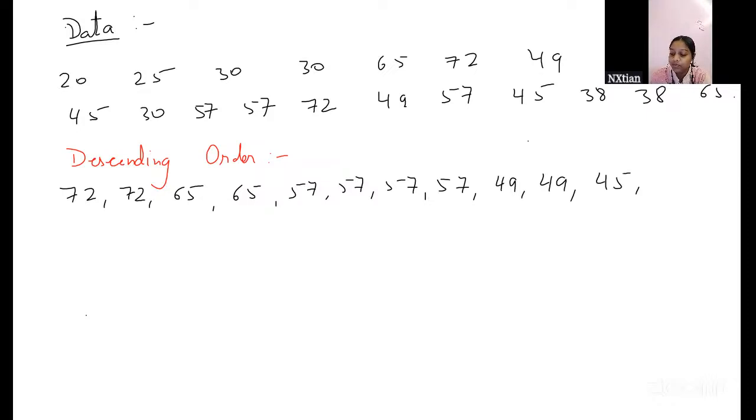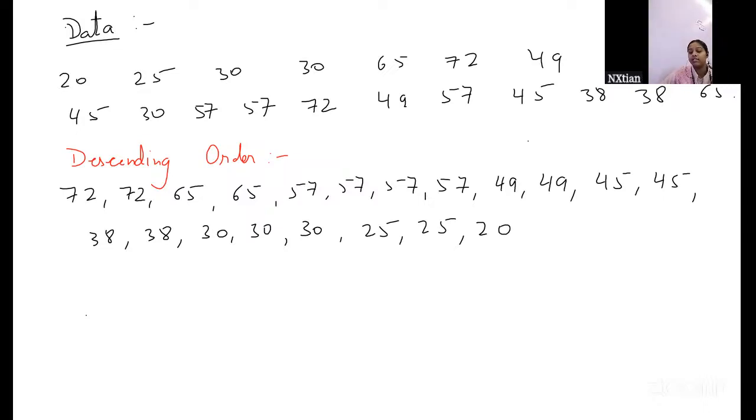Yes, there are two. Okay. Then I have 38. Ma'am, 38, there are two. Yes, two. Then 33. Two. We have 30s. Okay. Then two 25s. Two. Yes, and one 20.